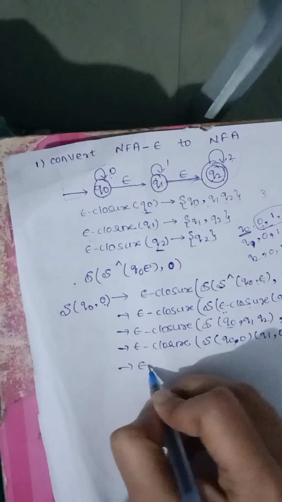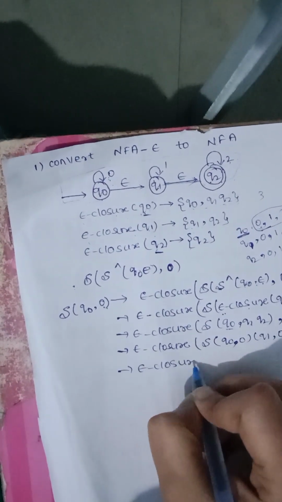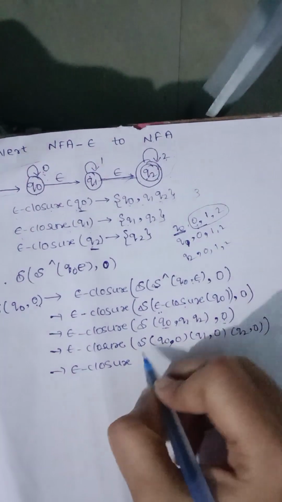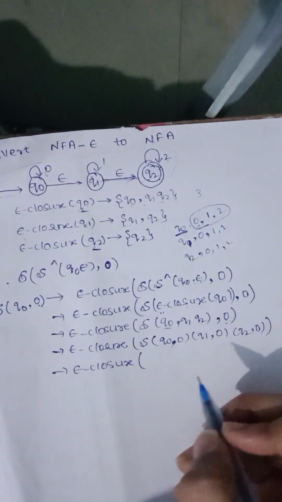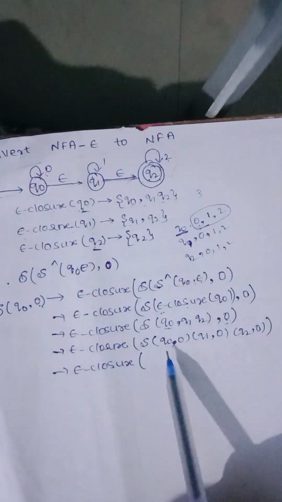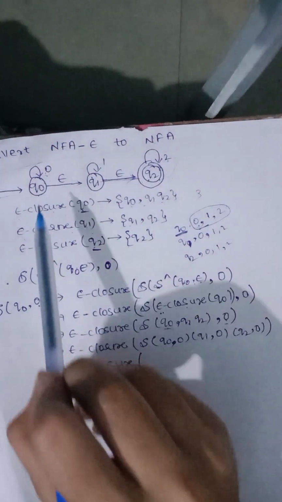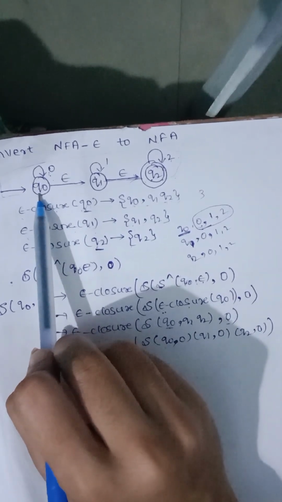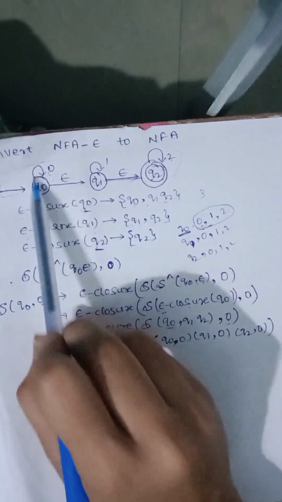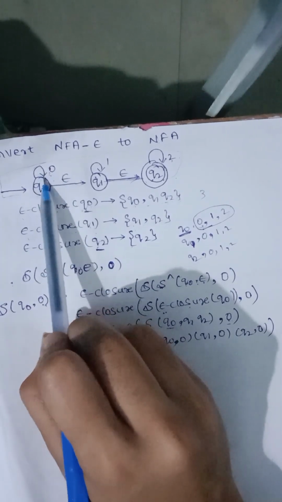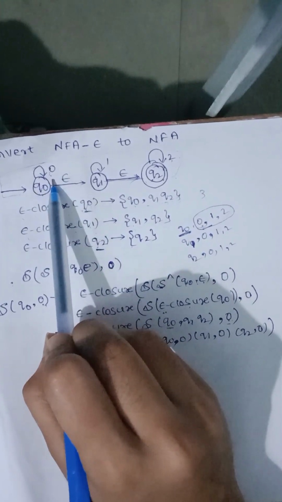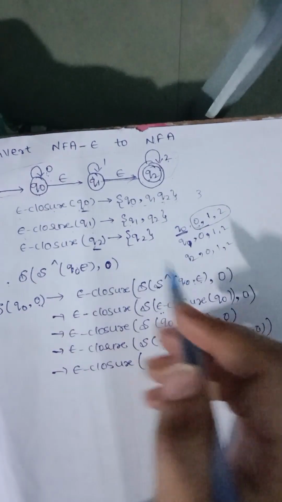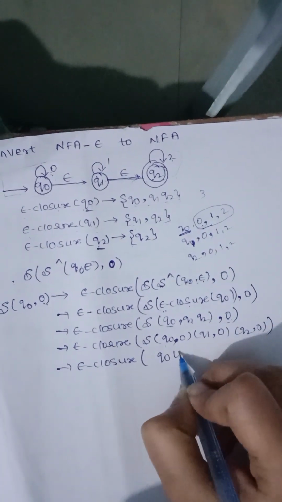Now epsilon closure of, we want to check: is there any transition for Q naught? See in the diagram, Q naught has transitions: one is epsilon and another is a self loop on 0. There is a transition, so we write Q naught union.